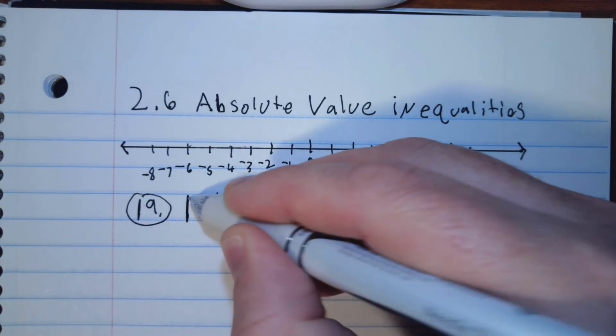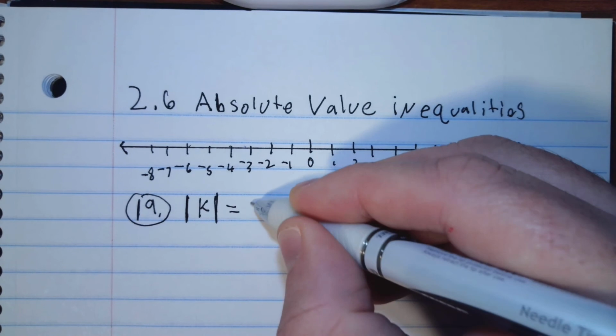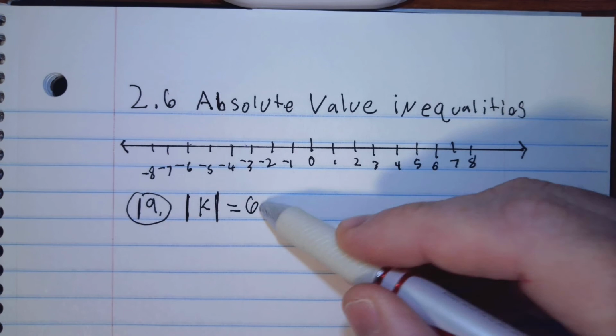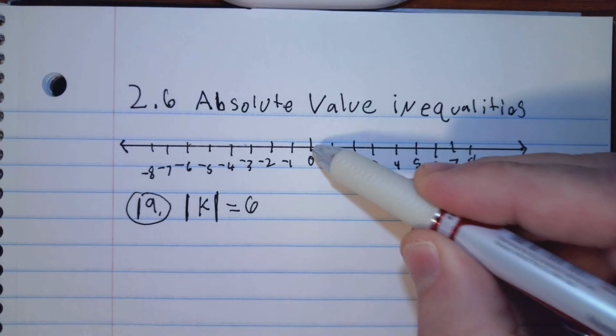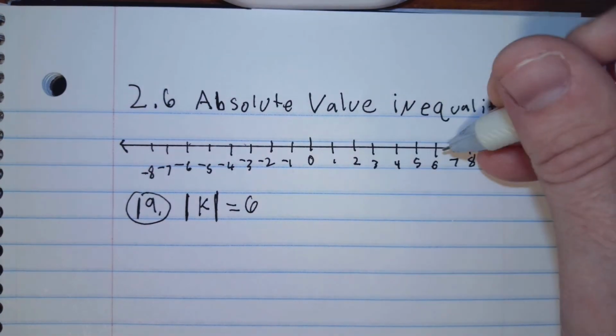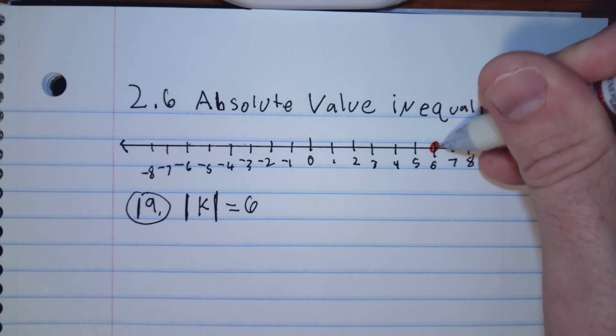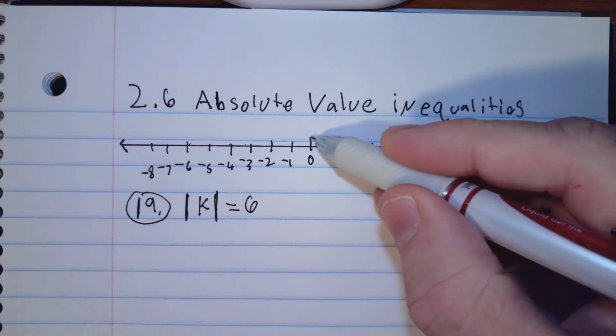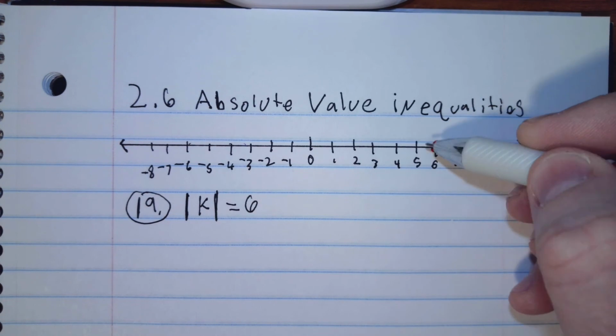Absolute value of k equals 6. Okay, remember that the absolute value is essentially, in this case, distance from 0. We definitely know that 6 is going to be one of them. But what's the other one? So 0, 1, 2, 3, 4, 5, 6.